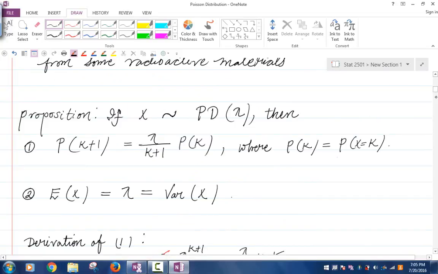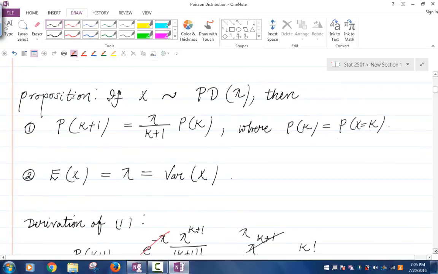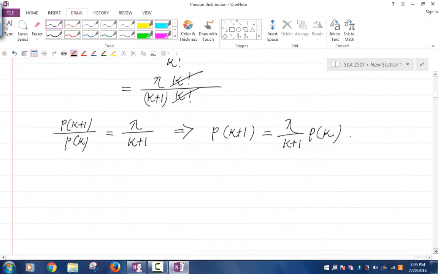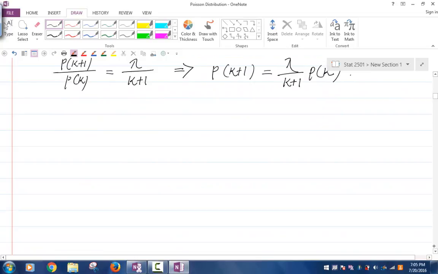Okay, now we will try to derive the expectation of x. So now we look at the derivation of the expectation of x. Well, we know that the expectation of x by definition is the summation over all values of x.